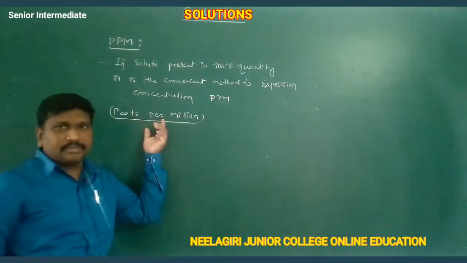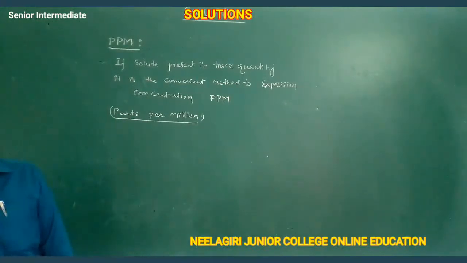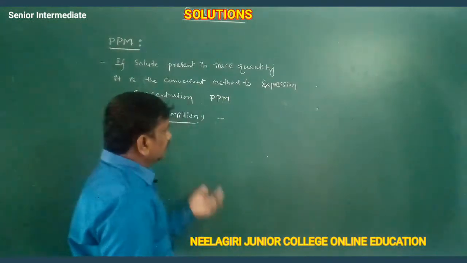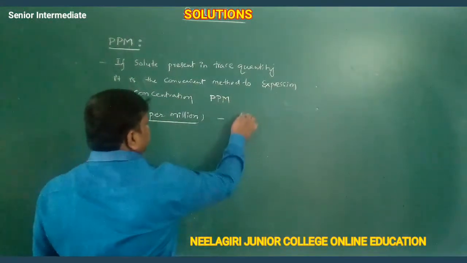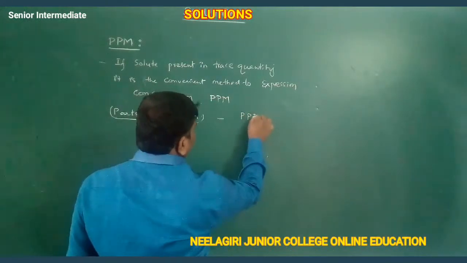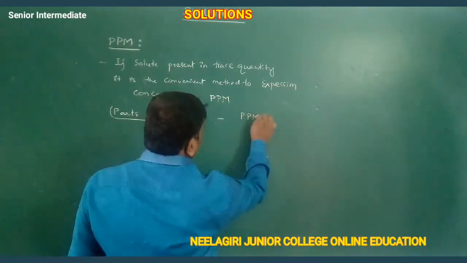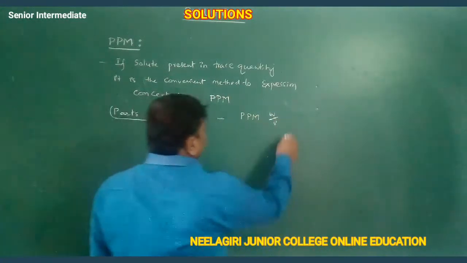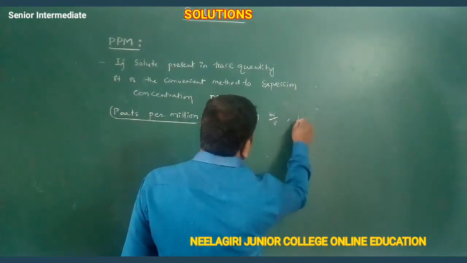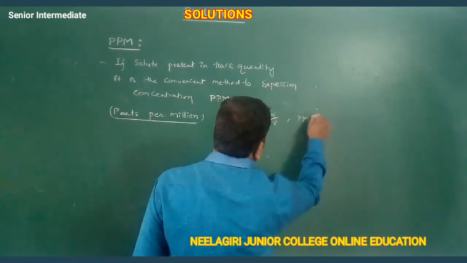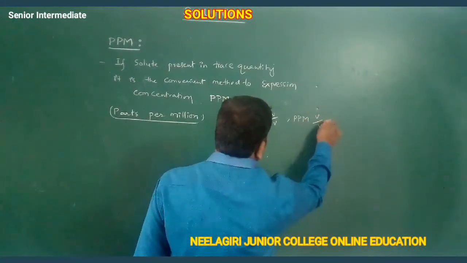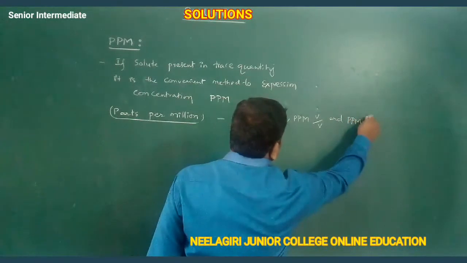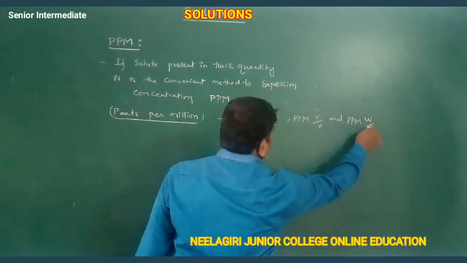ppm means, what is the ppm meaning? Parts per million. Now it is also available in 3 different types: ppm weight by volume, ppm volume by volume, and ppm weight by weight.